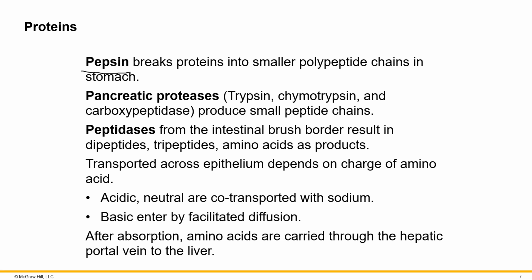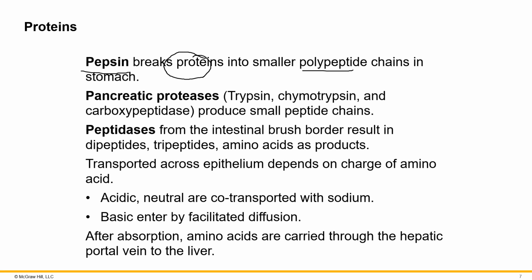So when pepsinogen is in an acidic environment, it converts to pepsin, and pepsin breaks larger proteins into smaller polypeptide chains. So it's not breaking them into individual amino acids yet. It's breaking them into smaller, like the first level of protein folding, into the smaller polypeptide chain.